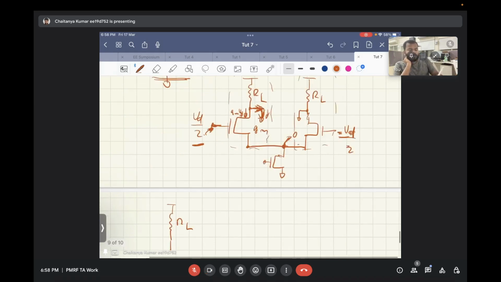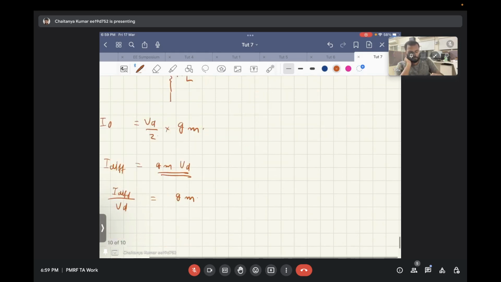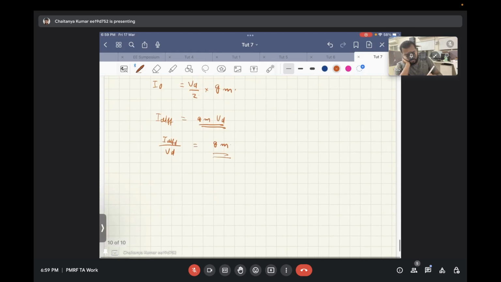Now what we are to do is find out the noise power that is going into the short circuit by de-energizing the input voltage sources, and then we will divide the total output noise power by this gain that we just found out, that is GM.